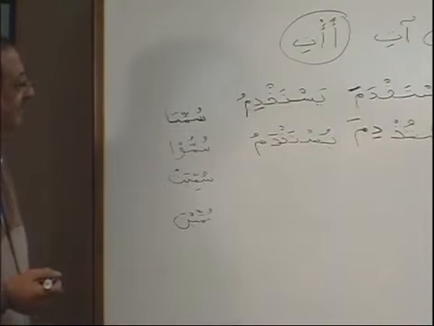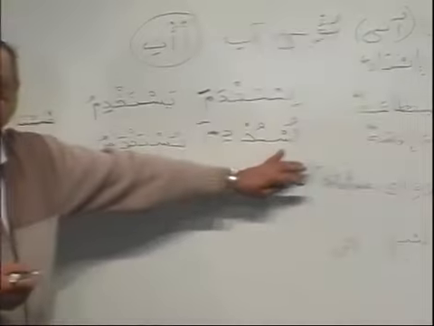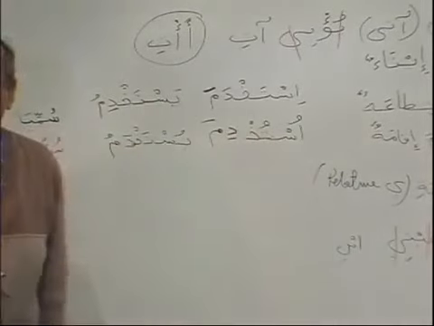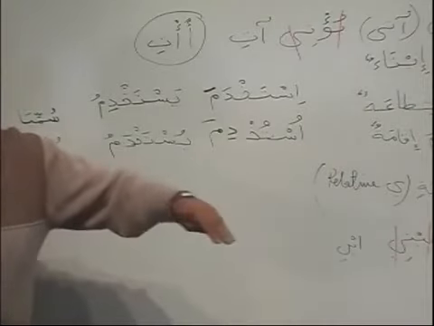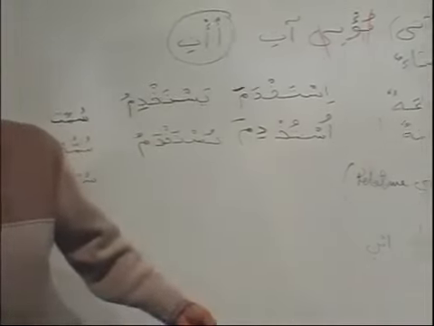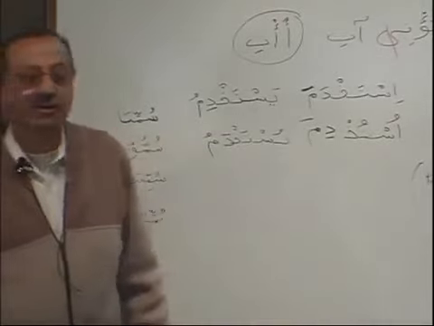Why over there do you say two dhammas, and here one dhamma? Where is two dhamma here, sister? Sister, we go to the formula. Ain kalima gets a kasra, and everything else, mutaharrik, gets a dhamma. Khalas. That is the rule.